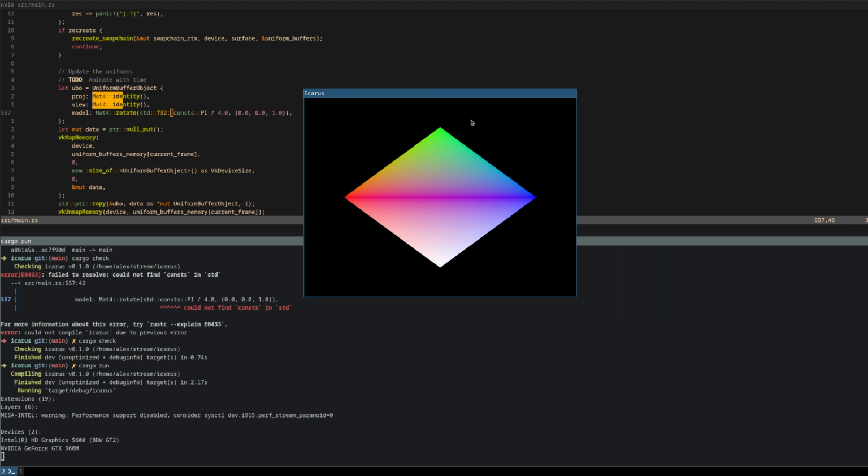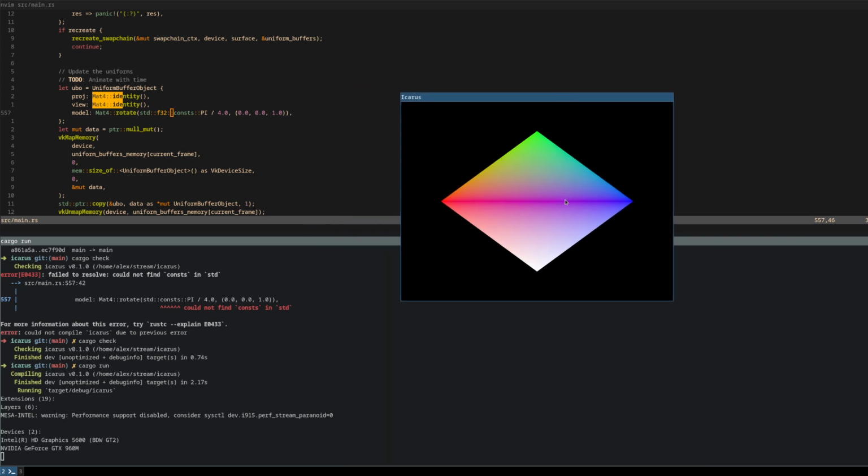If I resize this to size, we can see that now we have the rectangle rotated 45 degrees. Let me look. So the green is on the left. So was the green on the right?